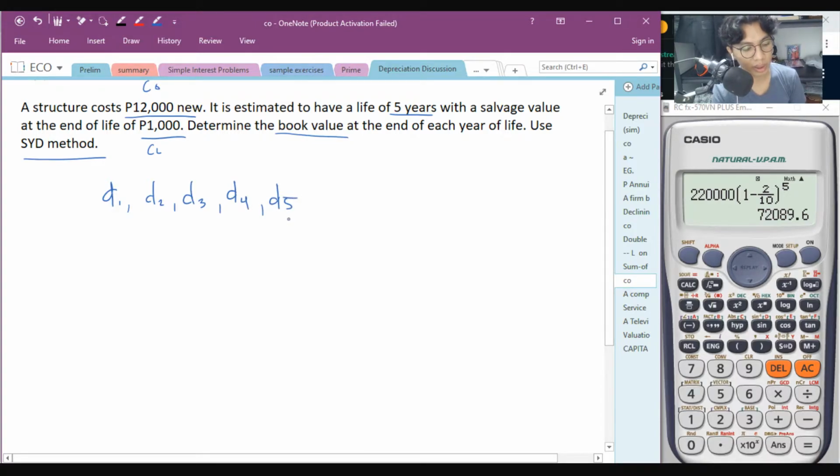Hahanapin natin din si book value. So, the book value at the first year, the book value at the second year, the book value at the third year, the book value at the fourth year, and the fifth year. Isa-isahin natin tong D1 to D5.